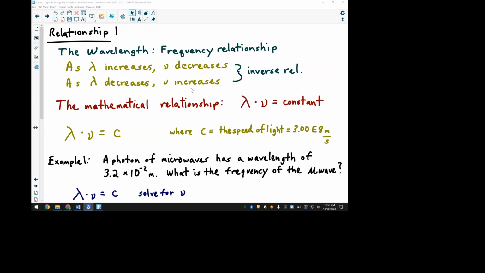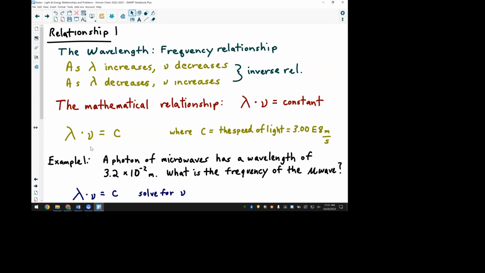And it turns out the x is wavelength, the y is frequency, and the constant is the speed of light. It's kind of interesting. If you take the wavelength of light and you multiply it by its frequency, you get the speed of light.